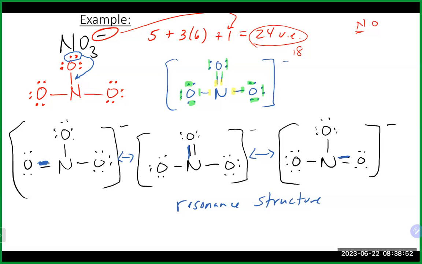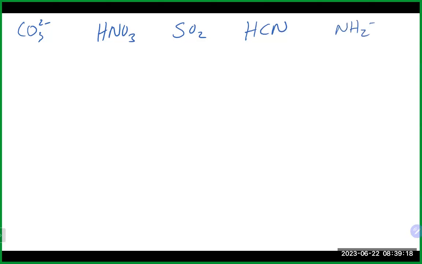All right, let's practice some here. I think you have CO3 2 minus maybe on that one. So why don't you do that? Why don't you also draw HNO3, nitric acid? Let's do SO2. Let's do a little HCN. Let's do NH2 minus.